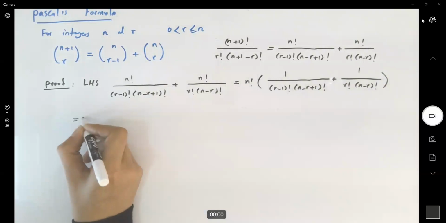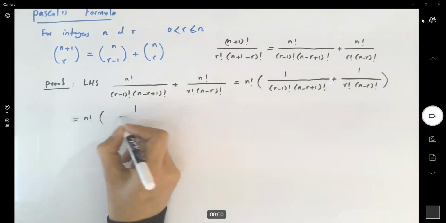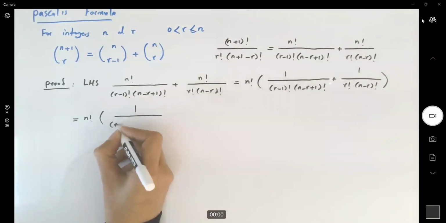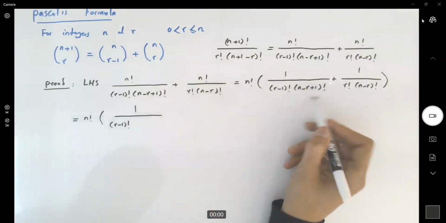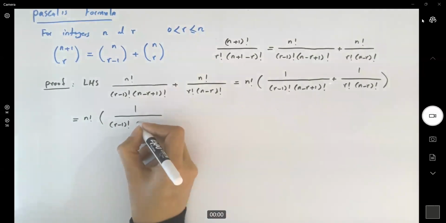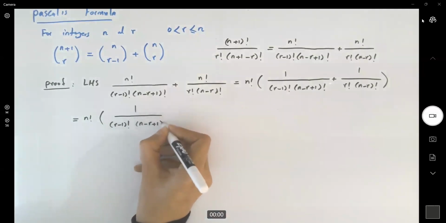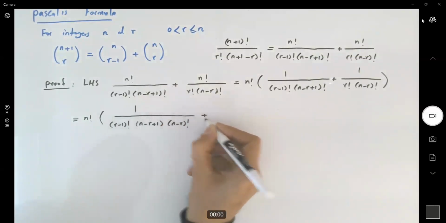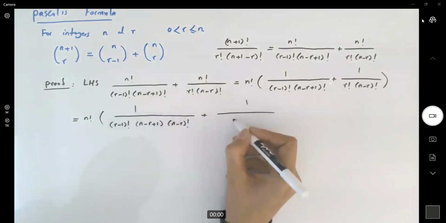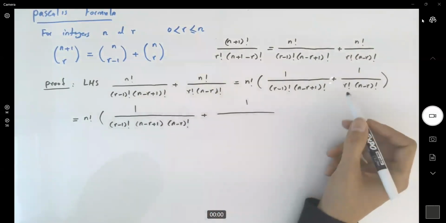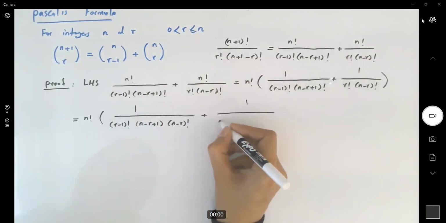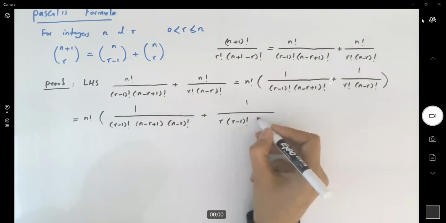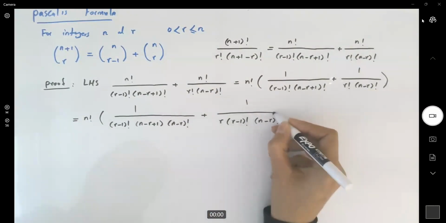So this is equal to n factorial, and the very first fraction can be written as 1 divided by (r minus 1) factorial, copy this down, but break this one into (n minus r plus 1) times (n minus r) factorial, plus the second fraction, r factorial. Let's write this as r times (r minus 1) factorial and keep this as it is, (n minus r) factorial.